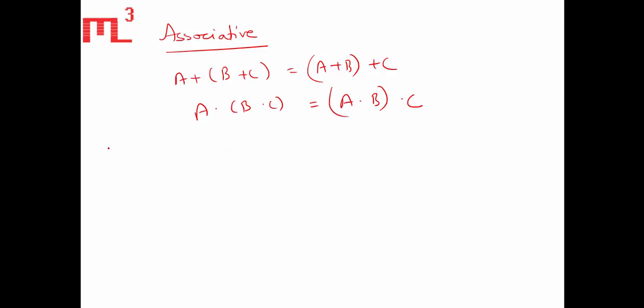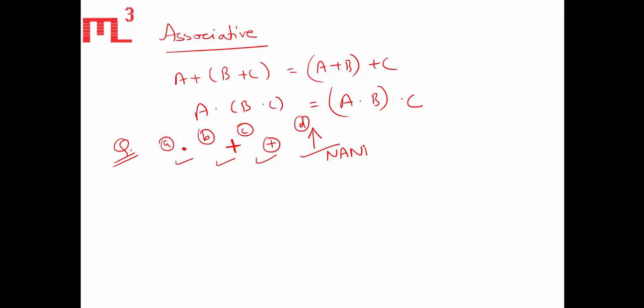So one question I have seen in previous year GATE question, among these four operators, suppose this is option A, this is option B, this is option C, and this is option D, which does not bear associative law? So this is your AND operator, this is your OR operator, this is your XOR operator, and this is nothing but NAND operator. Up arrow is NAND and down arrow is NOR. So this is the answer.